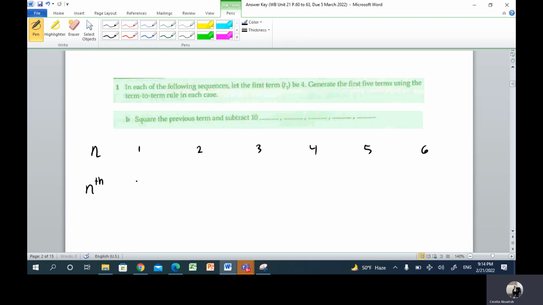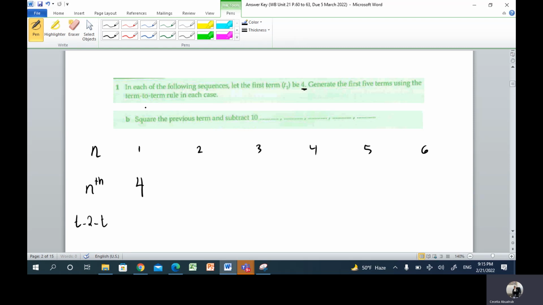They told us that the first term should be 4, and the term-to-term rule, as explained here, is square the previous number.